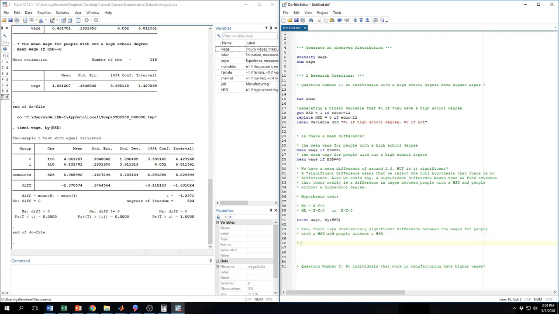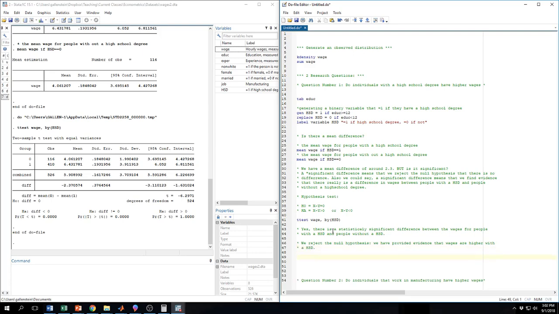This would mean we reject the null hypothesis. We reject the null hypothesis. We have provided evidence that wages are higher with a high school degree.